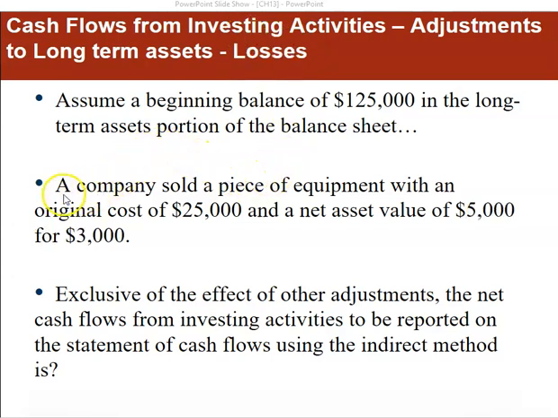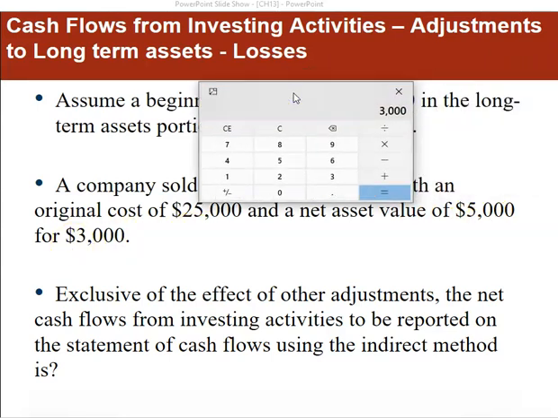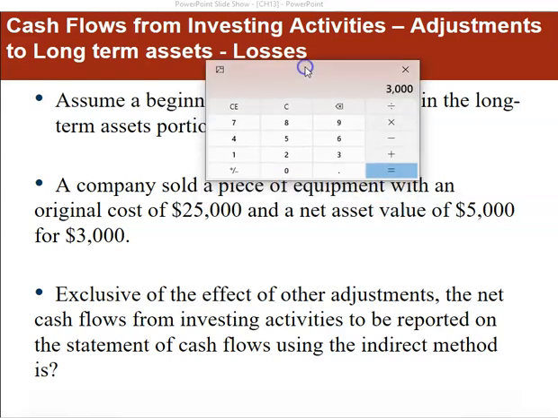Now, the same company sold a piece of equipment with an original cost of $25,000 and a net book value of $5,000 for $3,000. Same answer. The fact that we have a loss here and we had a gain on the previous slide means nothing.